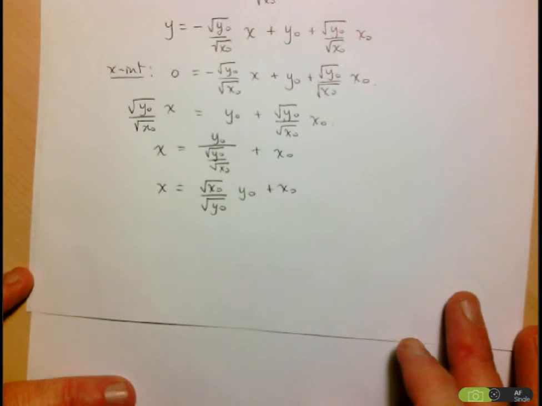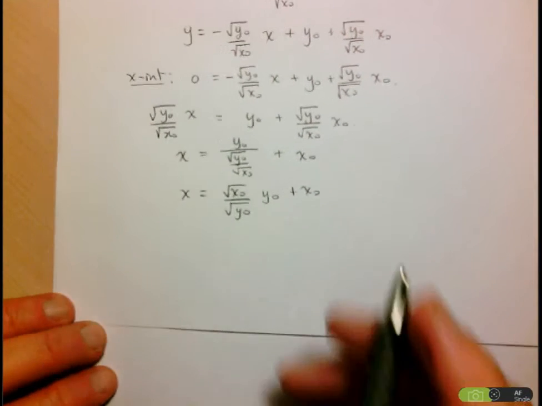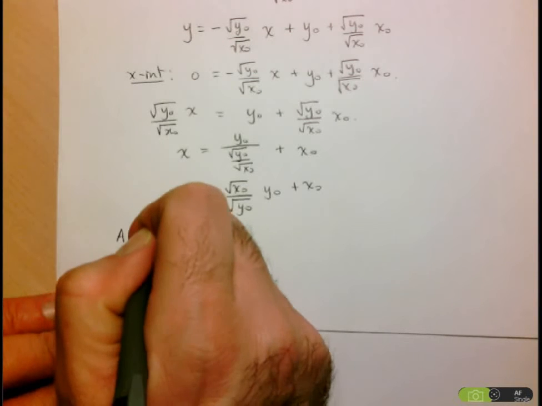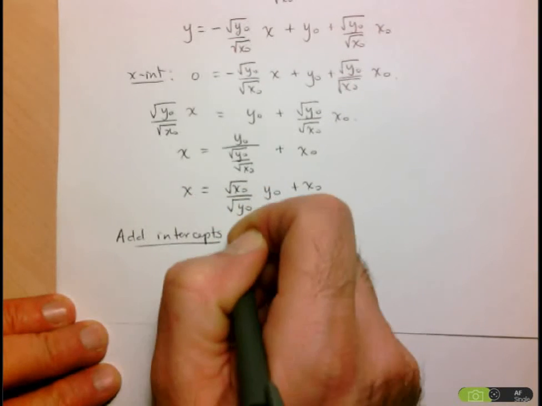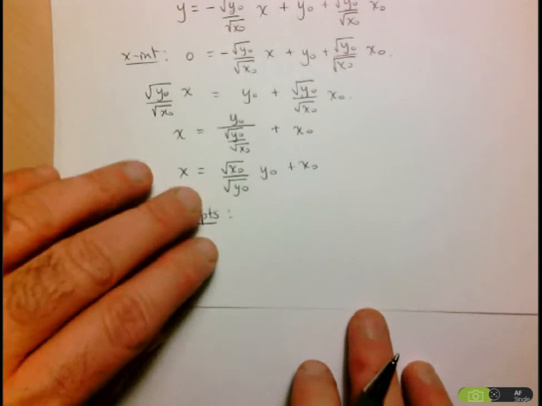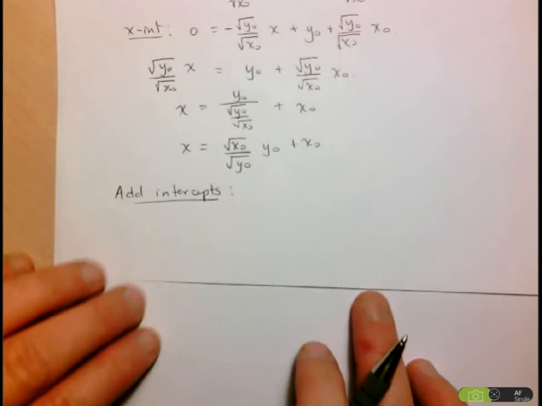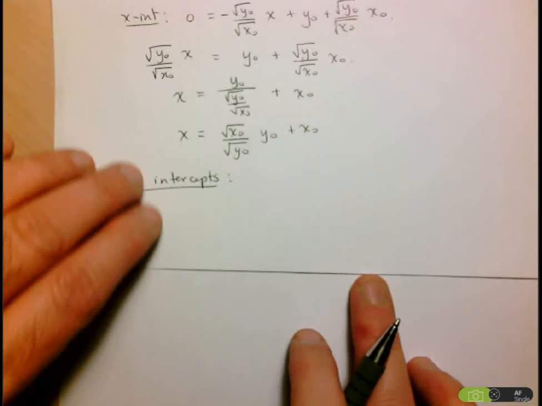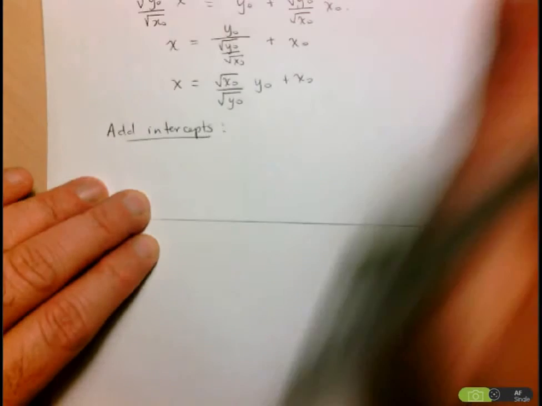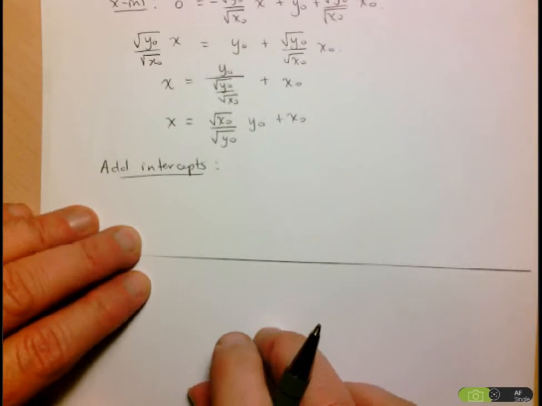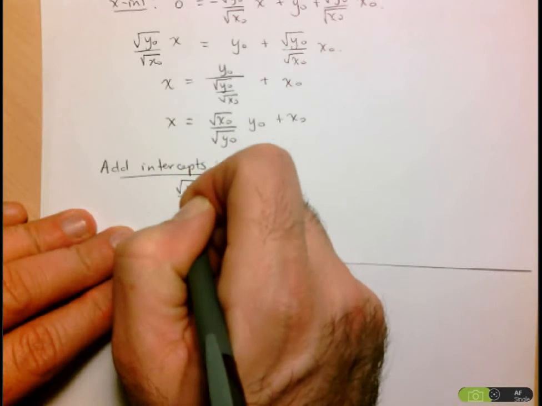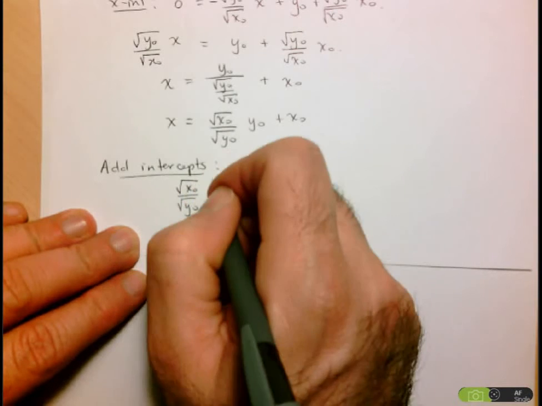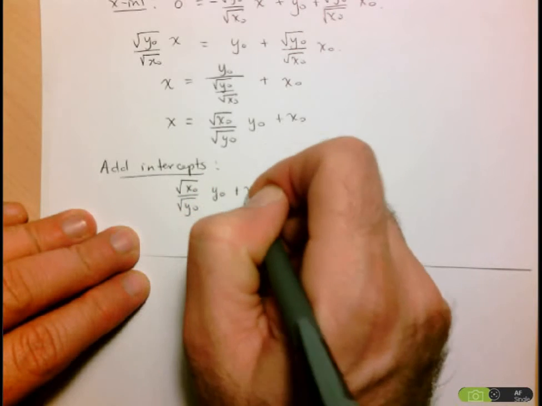So let's now add the intercepts. Make sure I have enough room here. Okay, so let's start with the x-intercept. So we've got square root of x naught over square root of y naught times y naught plus x naught.